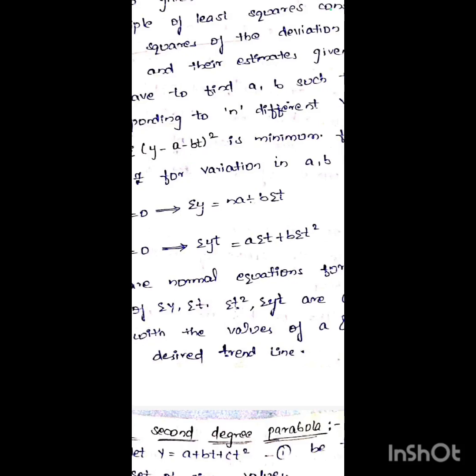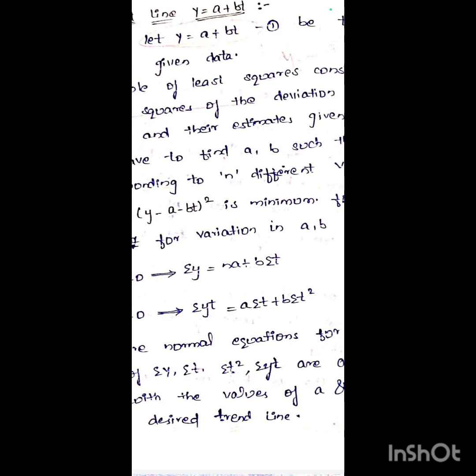For easy and simple calculation, we are directly writing the normal equations for the given equation. That is sigma y equals n into a plus b into sigma t. This is the first normal equation, and the second normal equation: sigma yt equals a into sigma t plus b into sigma t square.